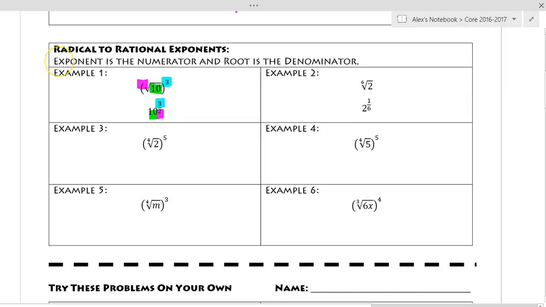Well, our normal root, the ones you've probably heard of before, is a square root. So when there's no number for the index, it's 2. This is the only time it's not assumed to be 1, right? When there's no exponent, it's assumed to be 1. When there's no root or no index, it's assumed to be 2. Okay? So this is really the square root of 10 cubed, or square root of 10 to the third, is really 10 to the 3/2.